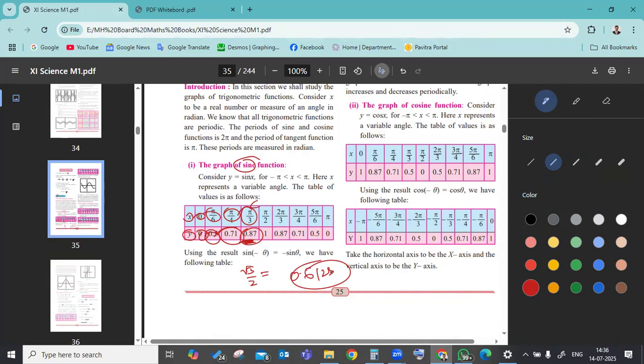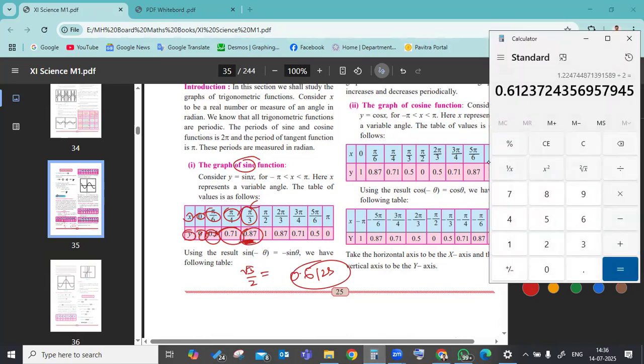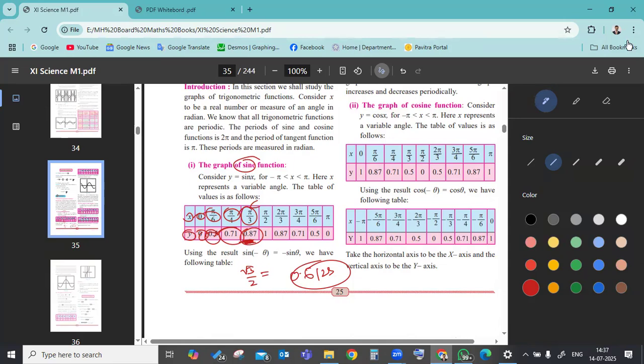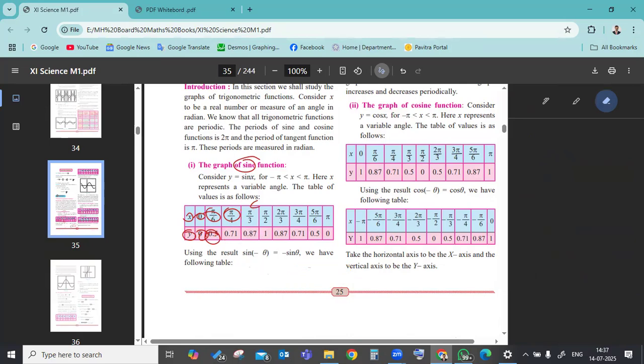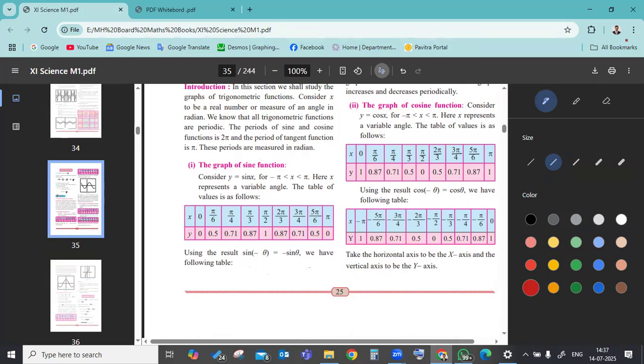It is in radians, no? So these values are converted into decimals. √3/2 is sin π/3, sorry, sin π/3. It is √3/2.